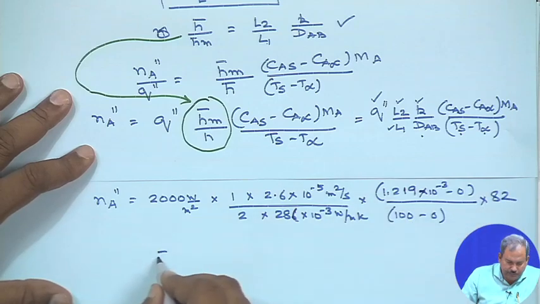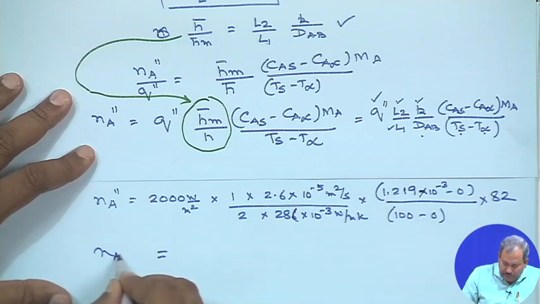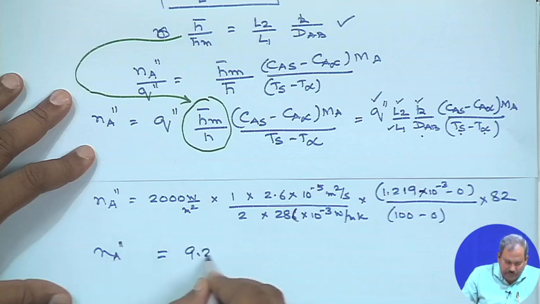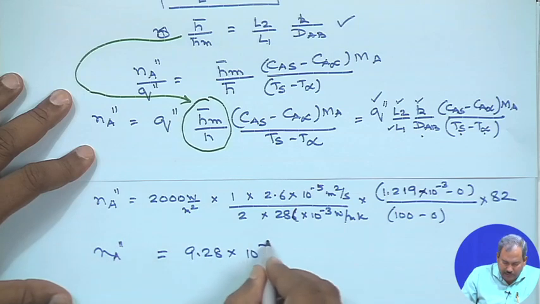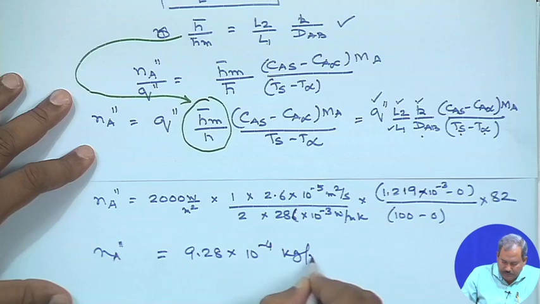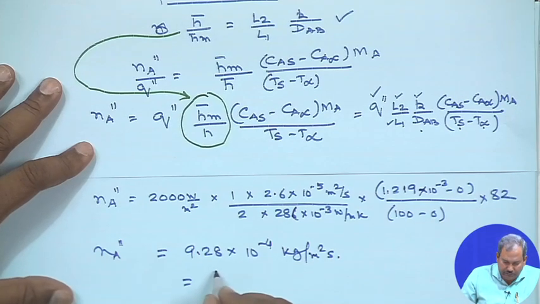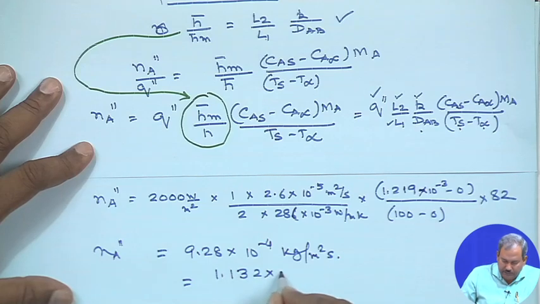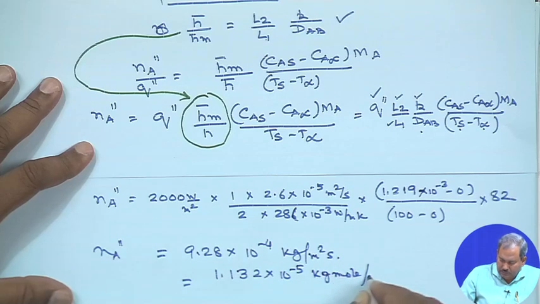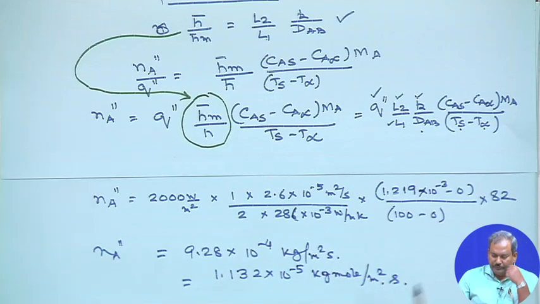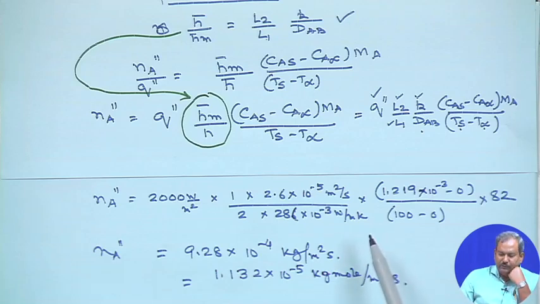So, after you plug in all these values, you would get N A double prime to be 9.28 times 10 to the power minus 4 kg per meter square per second, or if you want to express it in terms of kg moles, by dividing it with the molecular weight, you get this value.